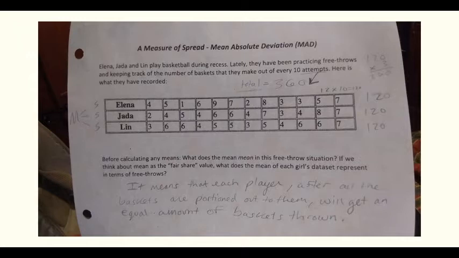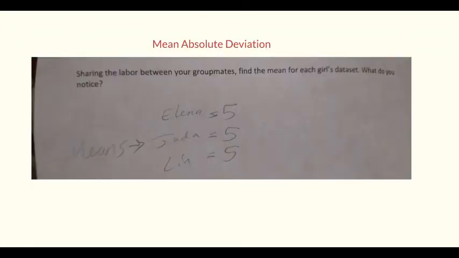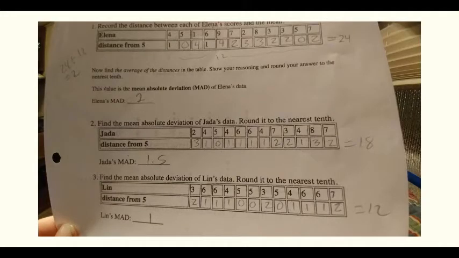So the calculated mean for each girl's set of number of baskets out of every 10 attempts is 5, and that is the mean for all 3. To calculate the MAD, we need to record the distance between each of the girls' scores and the mean.